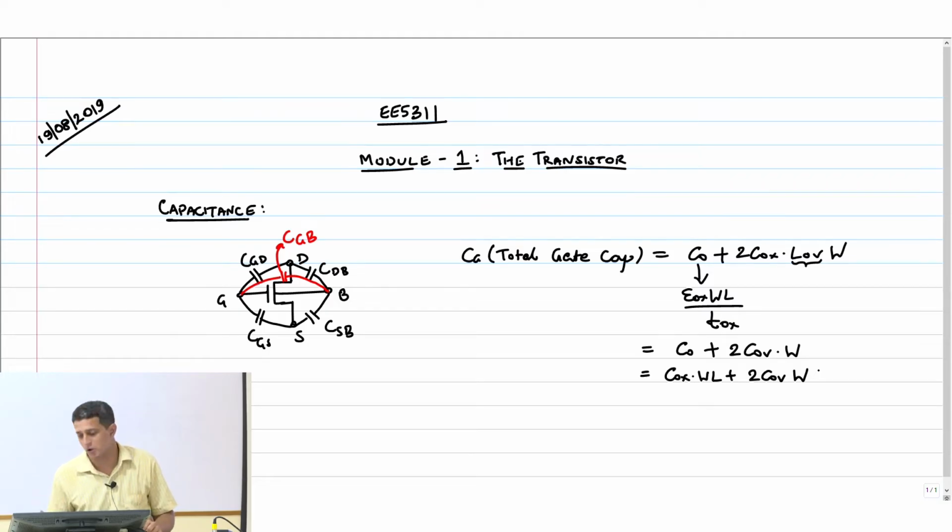Now it doesn't matter whether you treat this 2C overlap as a technology constant or C overlap as a constant, it's just maybe a convention, okay. So the point is I can write this as C ox into WL, C ox into L plus 2C overlap into W. So basically I am bringing out the design parameter and the technology constant separately, and both these capacitances scale with W. That is the main conclusion that we will come to.